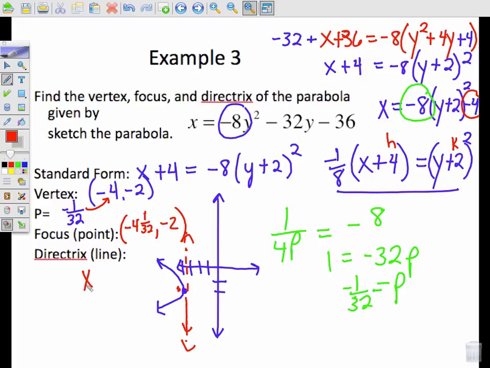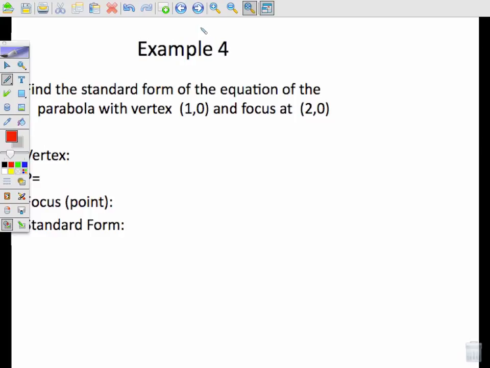So this would be x equals, because this is a vertical line now, all because of the way the parabola is opening. X equals, if I add 1/32 to -4, it's -33/32. And there you have it. There's your directrix. All right, last problem.